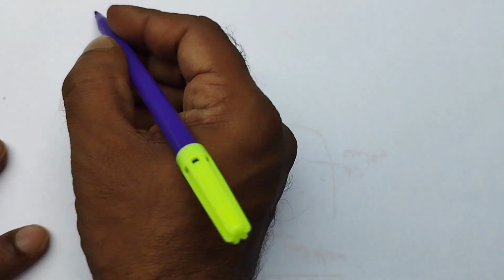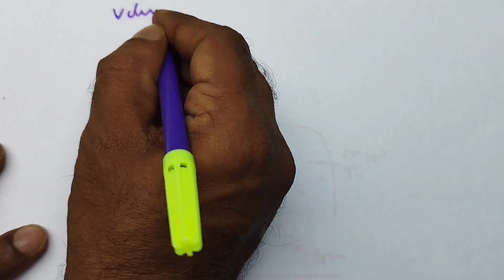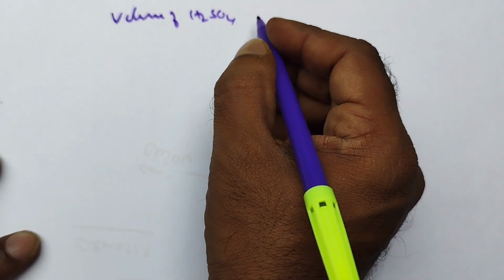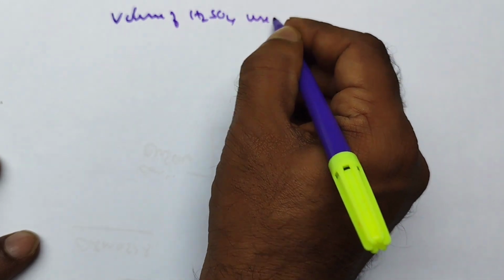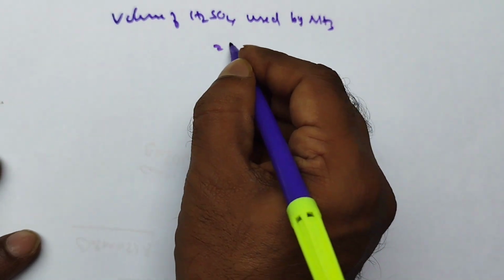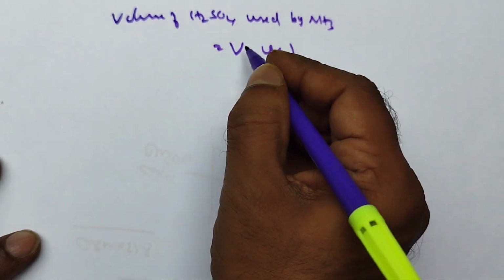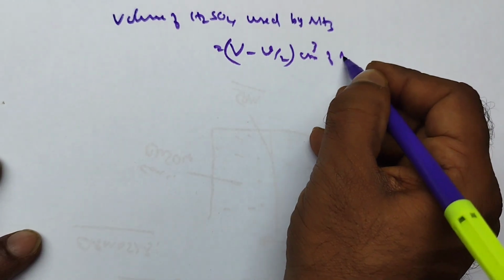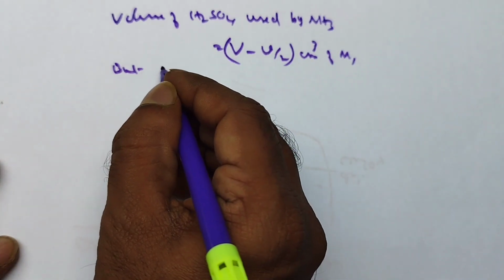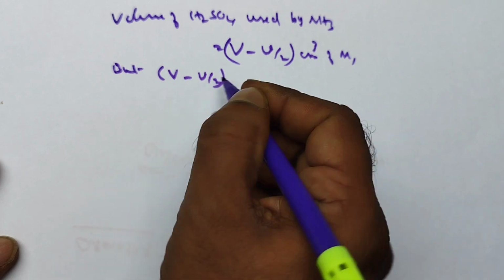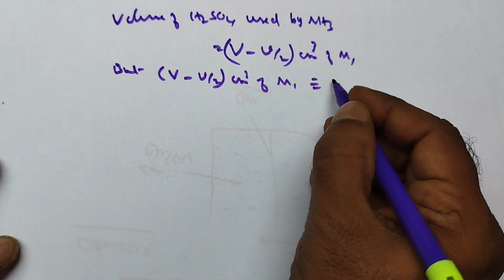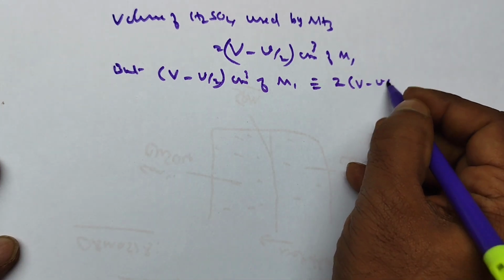Now the volume of sulfuric acid used, or neutralized by ammonia gas, is capital V minus small v by 2 cm³ of M1 sulfuric acid. This is similar to 2 into V minus v by 2.